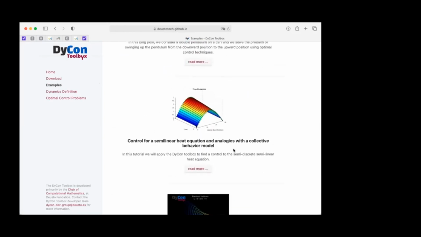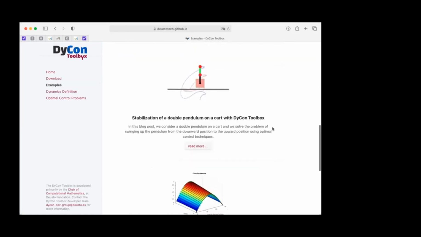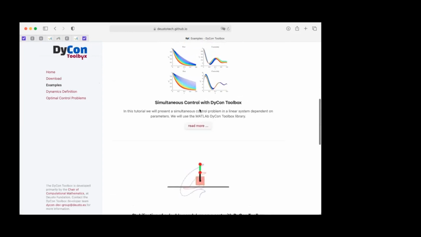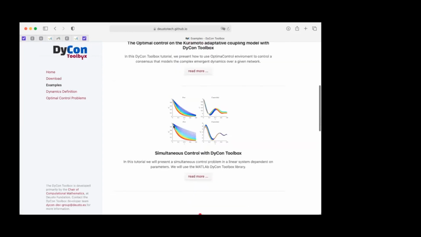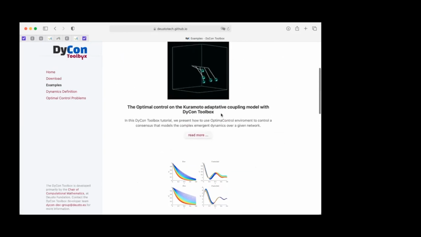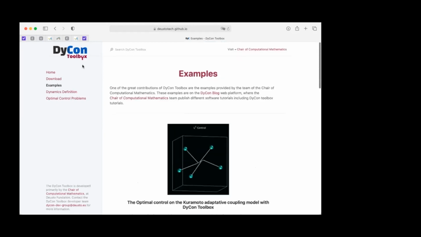This is about collective behavior and the analogy with diffusion processes. This is a classical problem of stabilizing a mechanical system, a pendulum. This is simultaneous control. It's about dealing simultaneously with many different realizations of a process. This is more about the synchronization of a dynamical system, so the Kuramoto system for nonlinear dynamics and so on.